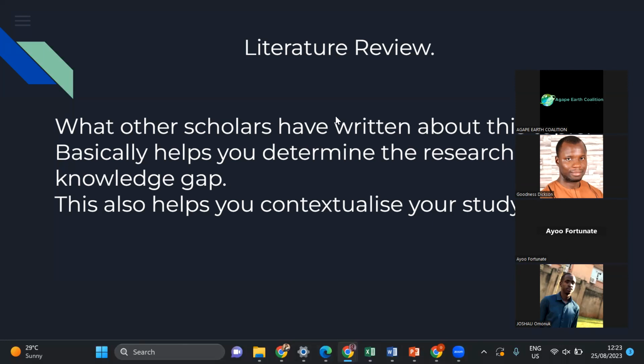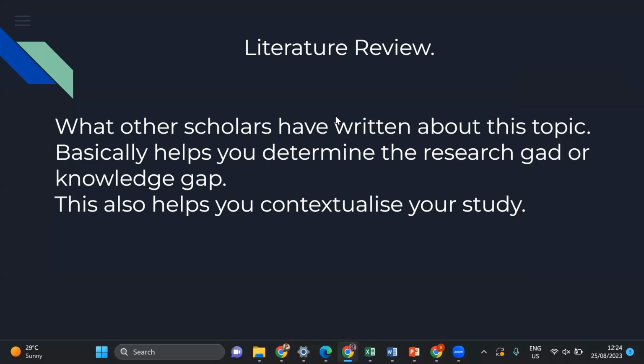If you also observe that previous researchers have studied adaptation finance and indigenous people, but none of them explain how this finance and the indigenous knowledge can be brought together, that's a research gap for you. So the literature review helps you to acknowledge what other people have done, and also build on what you can add to the existing knowledge.